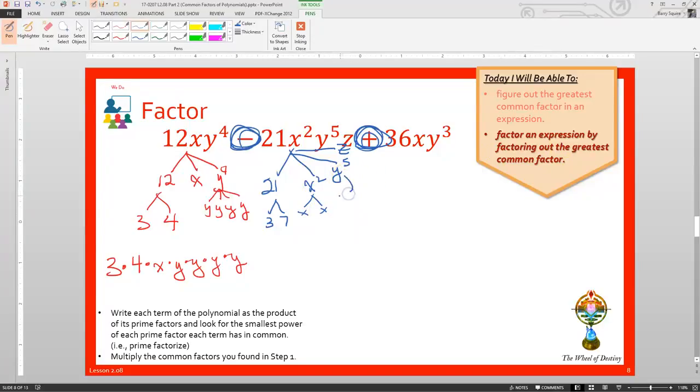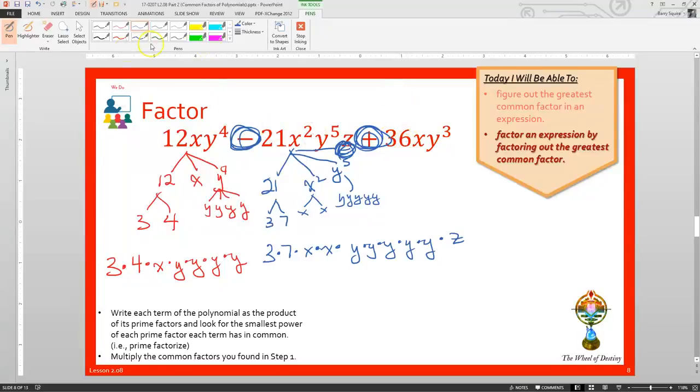I'm not going to write out all these y's. That's a lot of y's. Y, 2, 3, 4, 5. And then don't forget this z. So we write this out as 3 times 7 times x times x times y times y times y times y times y times z.